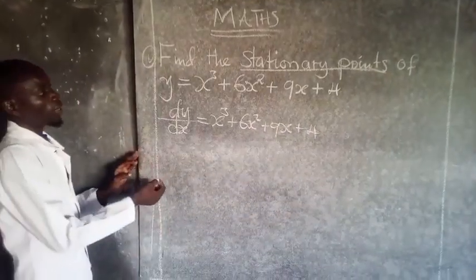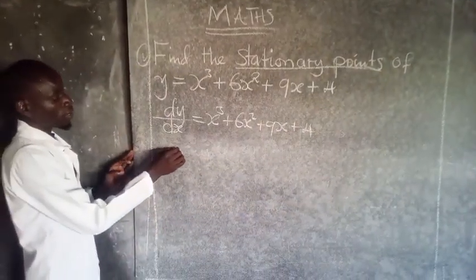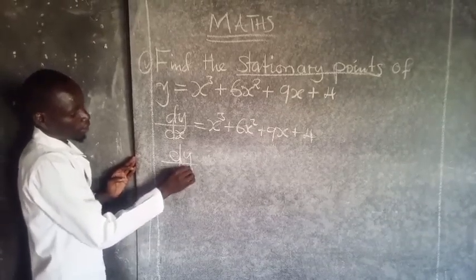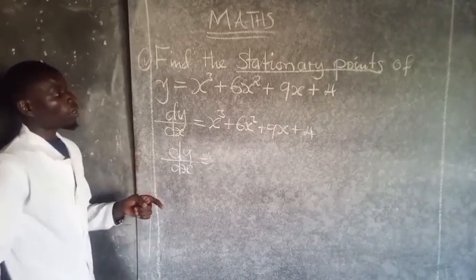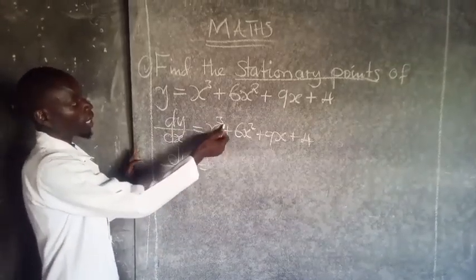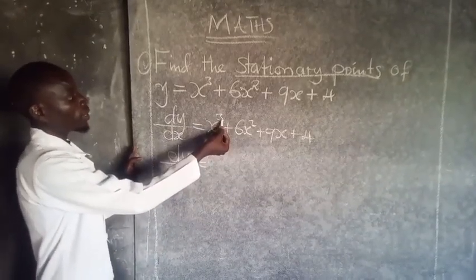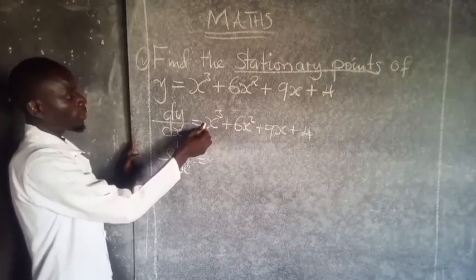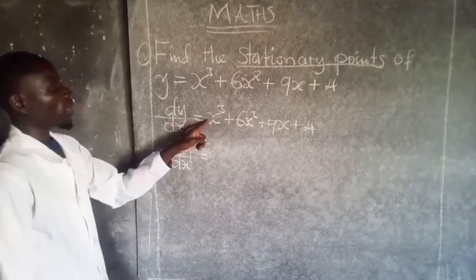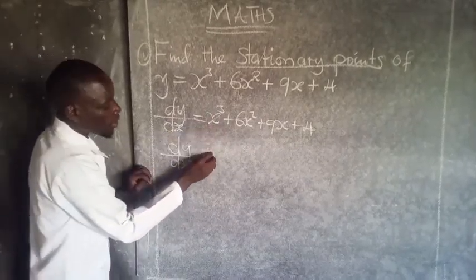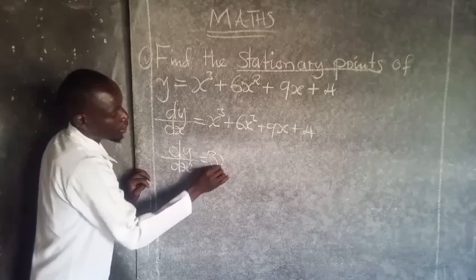For the first term, we multiply the power by the coefficient, and the coefficient here is 1. So we say 3 times 1, and we get 3x.